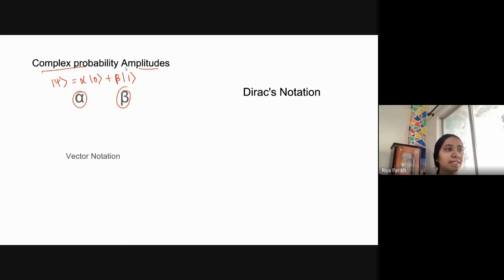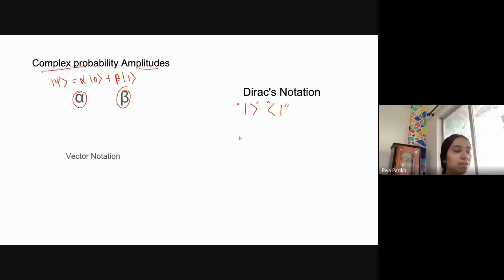So a qubit state can be denoted as alpha times 0 plus beta times 1. Now, notice this symbol that we have used here. It's Dirac's notation, called bracket notation.